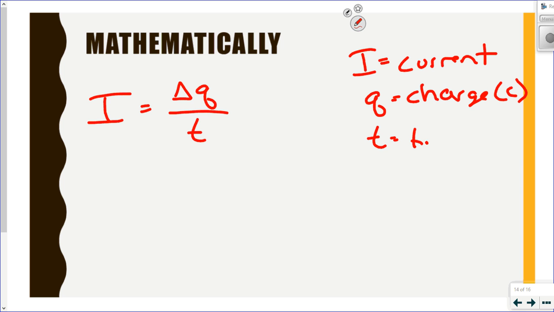T stands for time, which we measure in seconds. And then don't forget that a change is just a final minus an initial, so a difference. So if we want to take a look at units real quick, you know that charge is a coulomb and time is in seconds. Current is effectively the movement of charge per second, which we give another name.